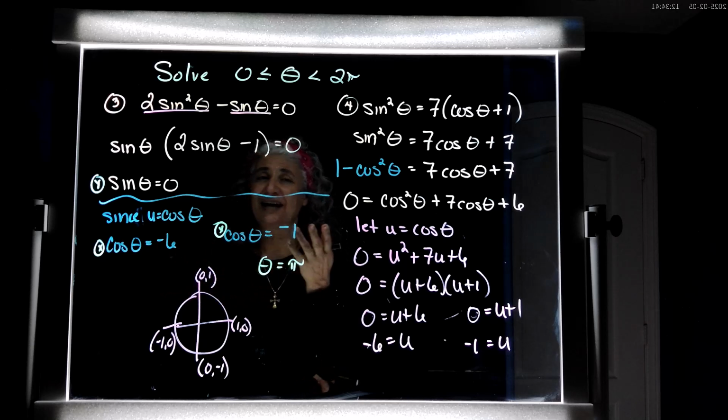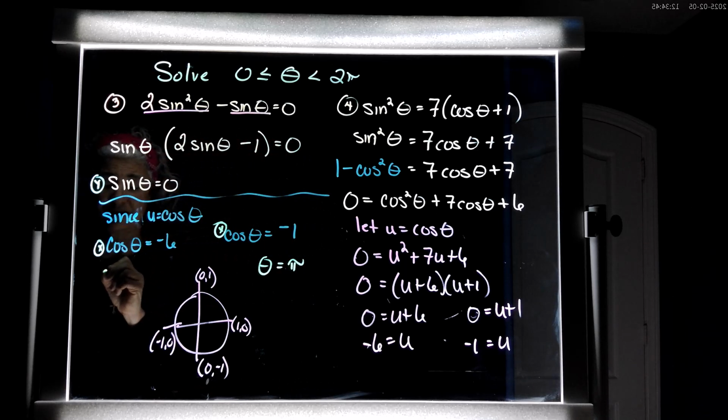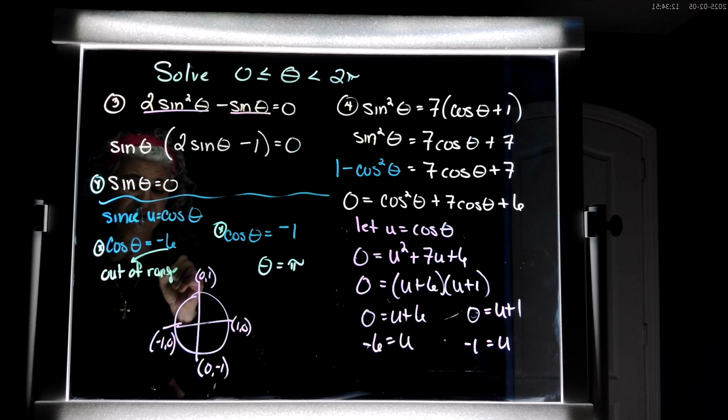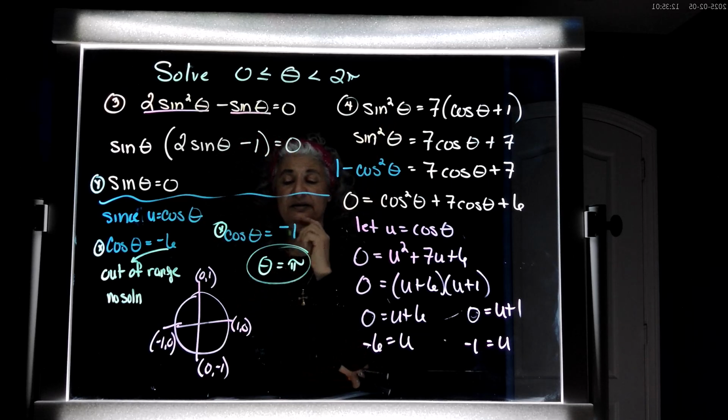This negative 6, that answer is out of range. Therefore, this part has no solution, which means number 4, the only solution is theta equals pi. That's it. One solution.